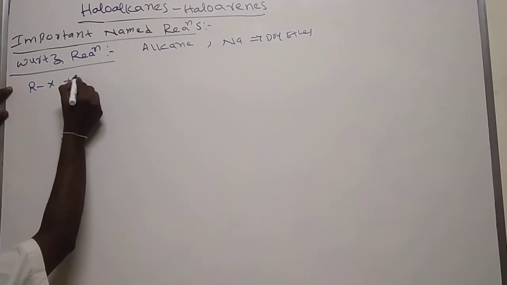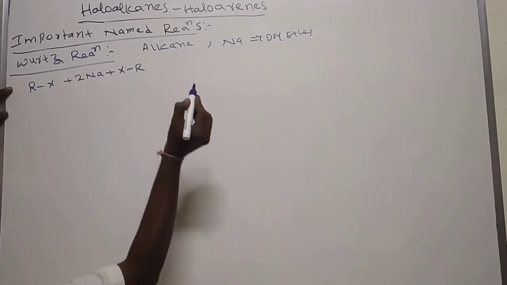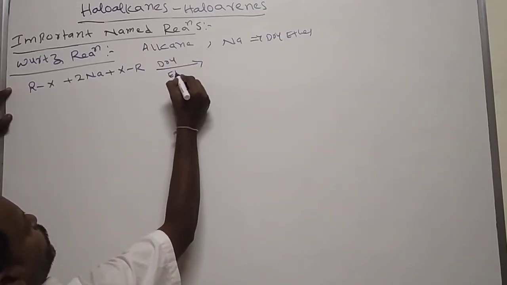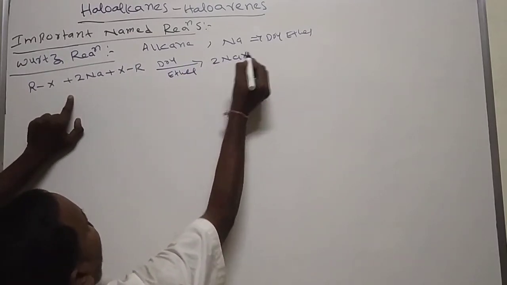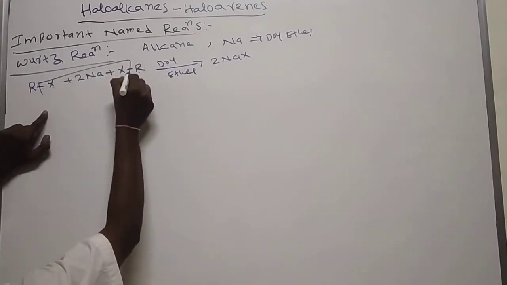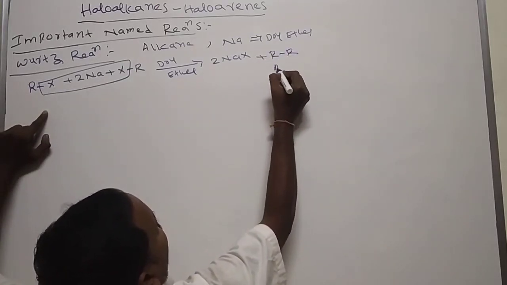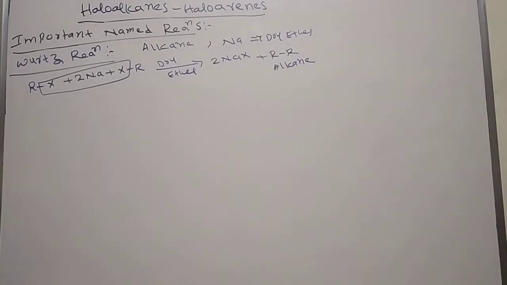It reacts with 2 moles of sodium in the presence of dry ether, gives 2 moles of sodium halide, and forms R-R, which we call an alkane. This is the general Wurtz reaction.